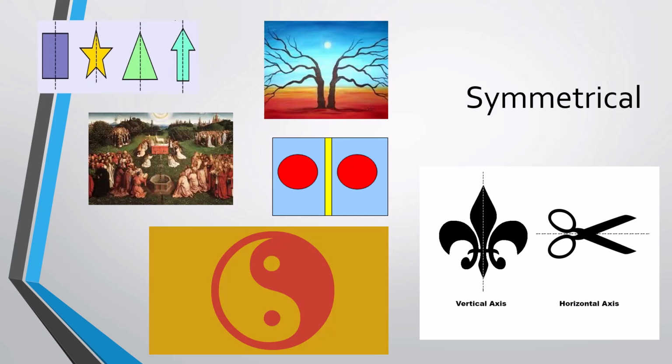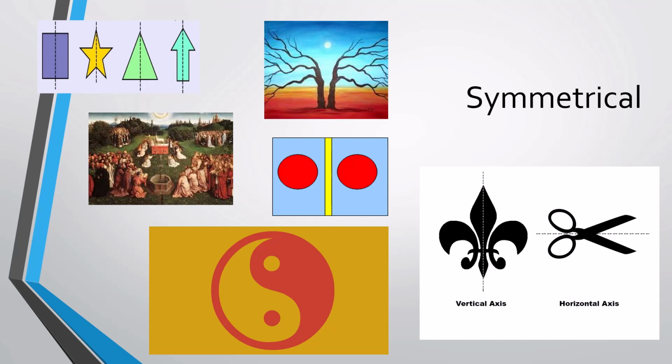Symmetrical balance is probably the easiest one to recognize. You simply split your format right down the middle and match the right side to the left side. You can split it on a horizontal and match top to bottom, but it's really more of a vertical axis that we look at. Symmetrical creates a mirror image.